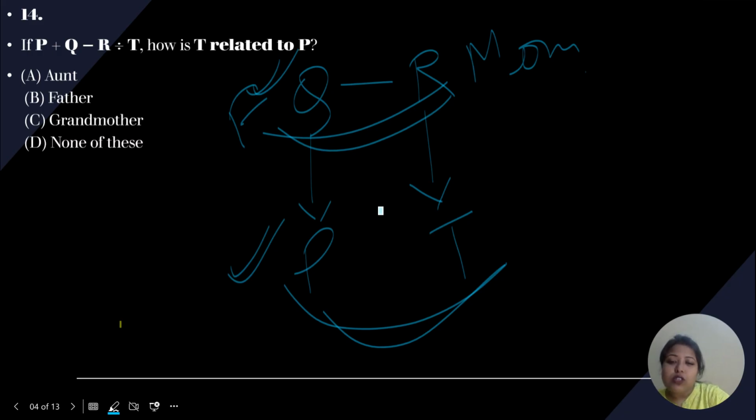P is the daughter, so we know that. We do not know the gender of T, and we don't need to. Now the question is, how is T related to P? They are cousins, they can be cousin sisters or cousin brother and sister.